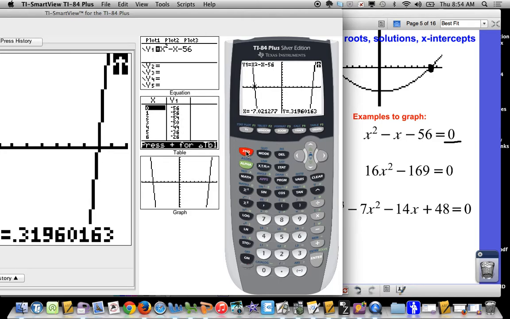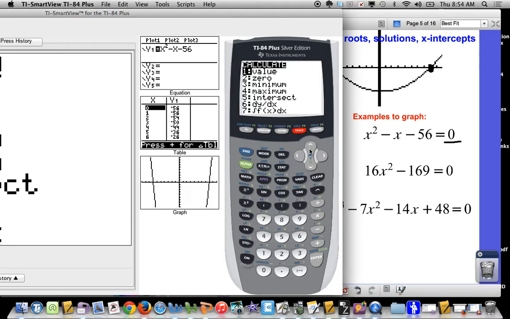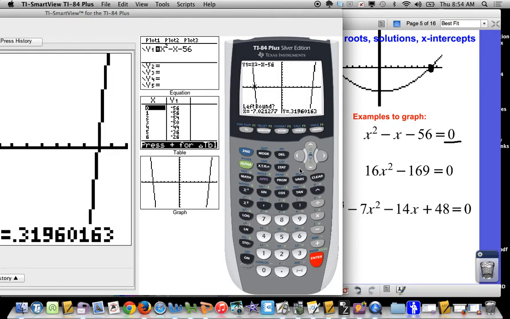So you have to hit the second button and then calculate. We're going to calculate a 0, and it's going to ask you for a left bound. That means it wants your blinky to be to the left of the 0. So I want to make sure that I'm clearly to the left of this 0, and once I'm to the left, I'll hit enter. And then now it's asking me for a right bound.